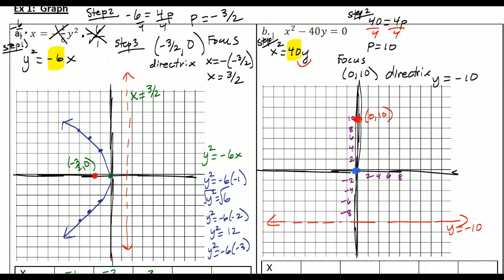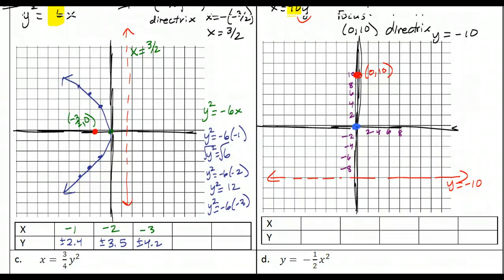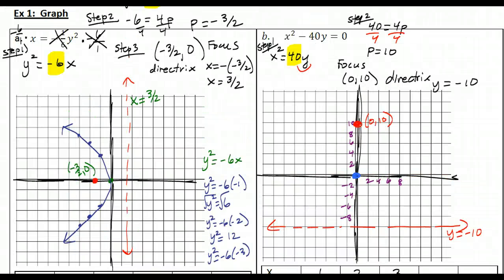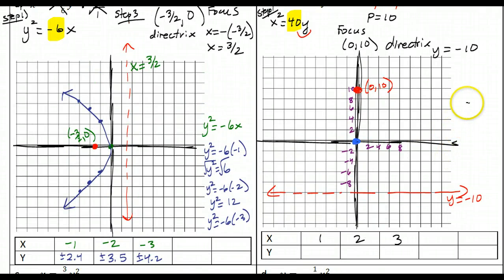Last but not least, I need to create a table of values. And again, be strategic. This time I know that it's going to open up either way. So I can do 1, 2, 3, that kind of thing. And then once I have those 3 points, I can just reflect them across the axis of symmetry to get the other side. And this is where it gets a little bit harder because, look, I've got x squared equals 40y.